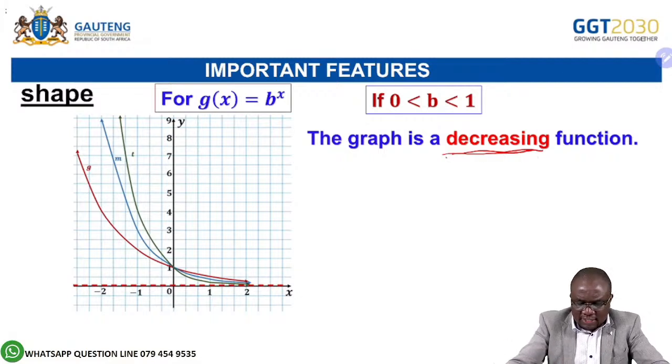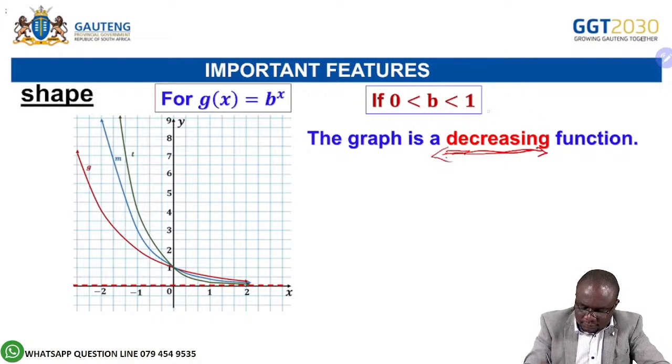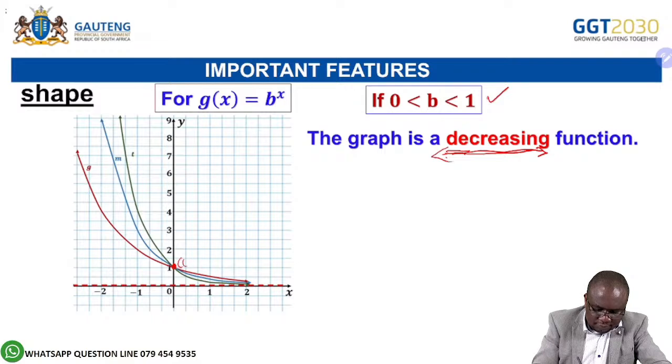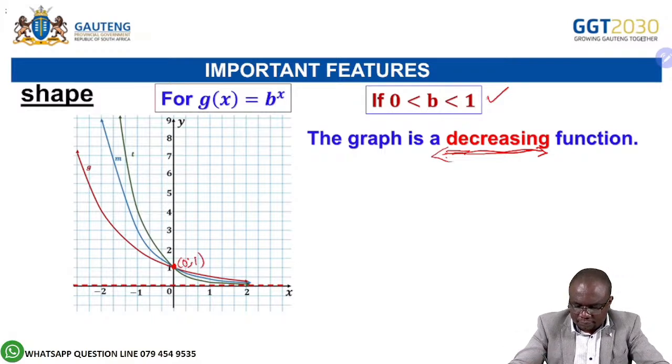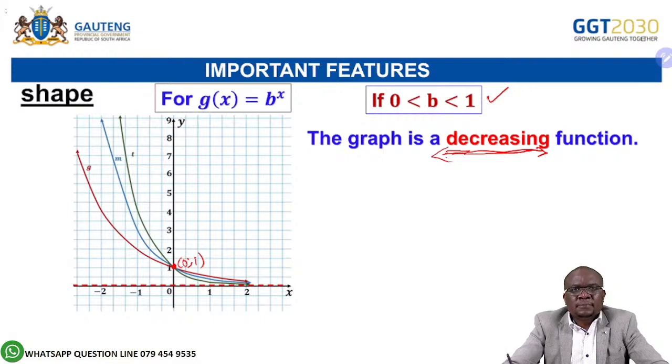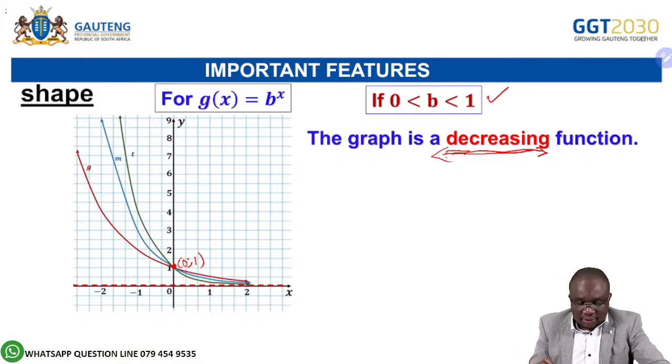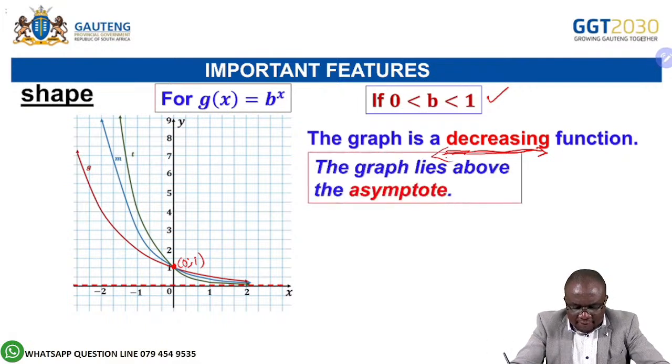Right, let's continue. Now the graph lies above the asymptote.